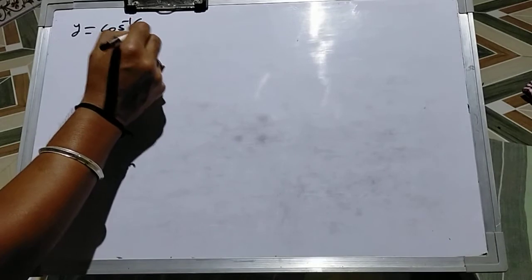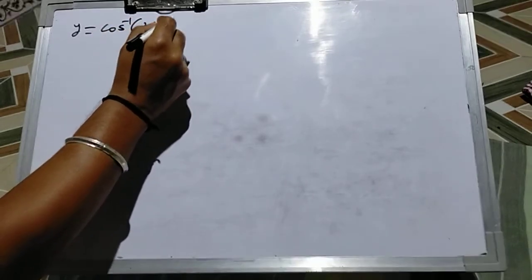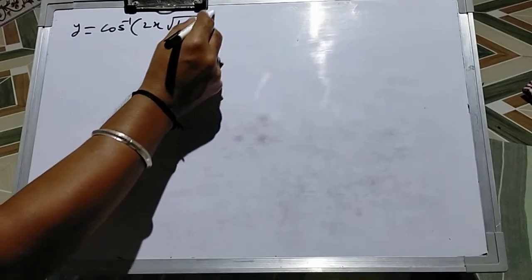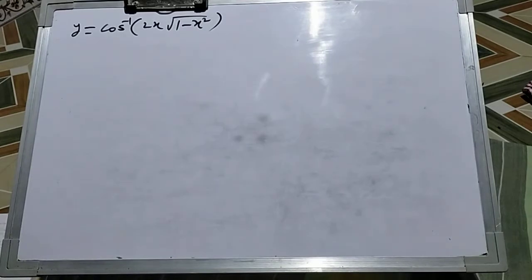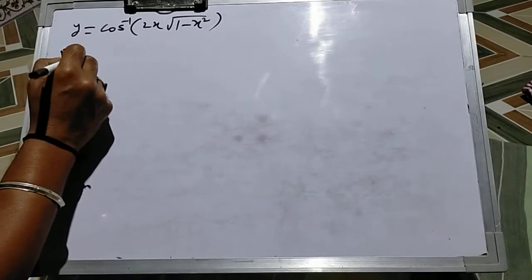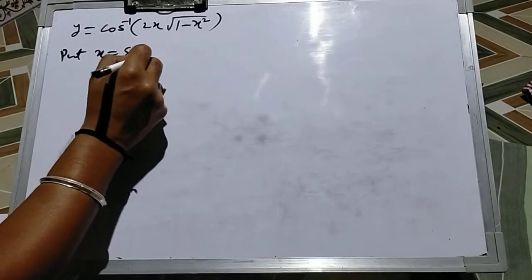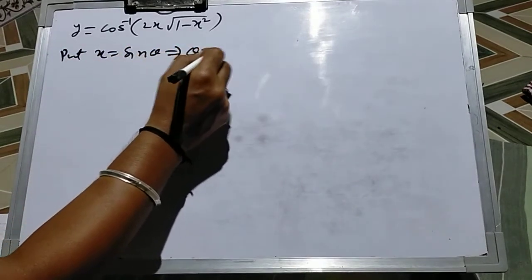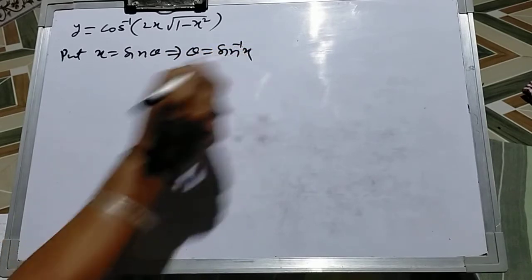So the next example is y is equal to cos inverse of 2x divided by root 1 minus x square. Again we know whenever the term contains root 1 minus x square, we put x is equal to sin of theta. So we put here x is equal to sin of theta. This implies theta is equal to sin inverse of x.